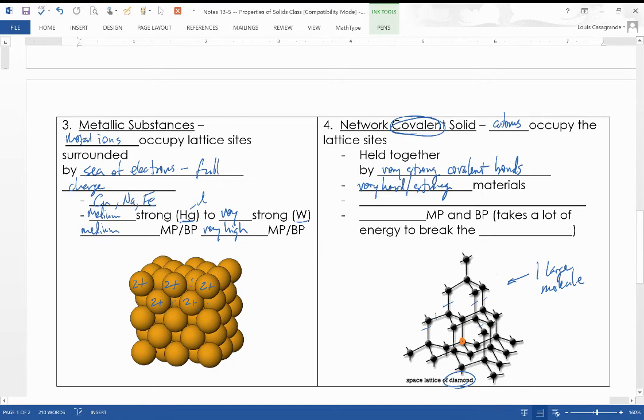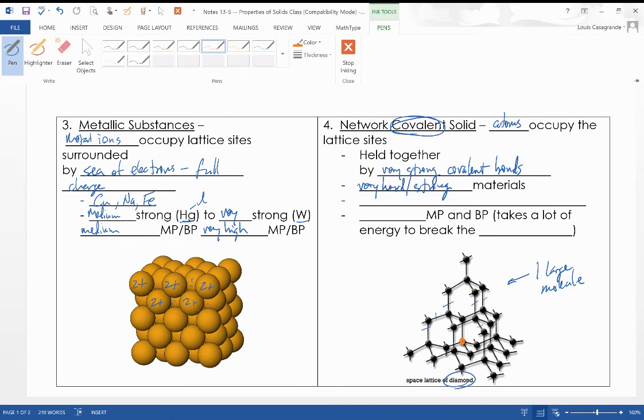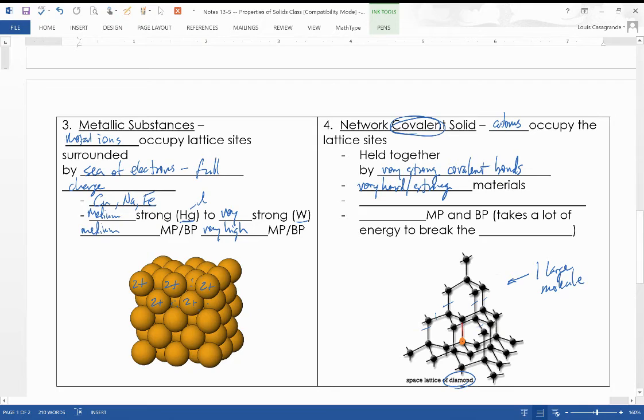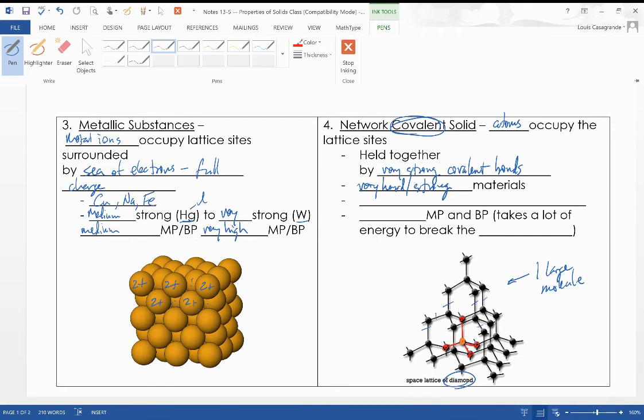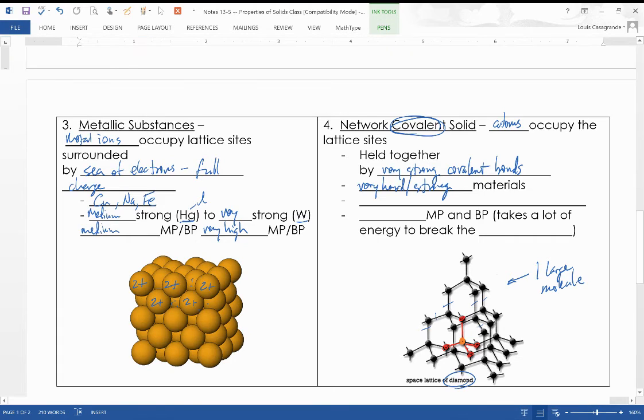So notice that carbon atom right there is surrounded in a tetrahedral arrangement to 4 other carbon atoms. And this goes on throughout the entire structure. So 4 other carbon atoms tetrahedrally bonded. This is a very rigid and very strong structure. And so it holds together very tightly, and it takes a lot of energy to break it apart.